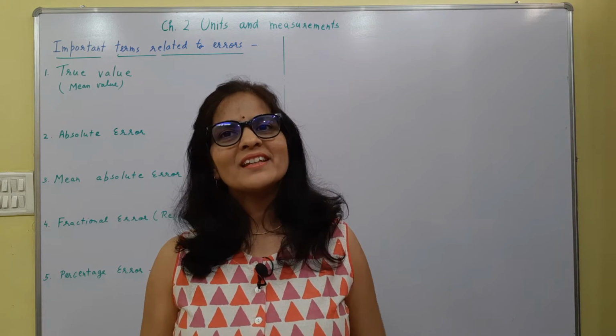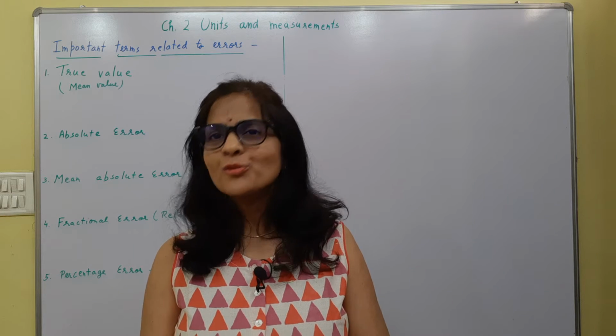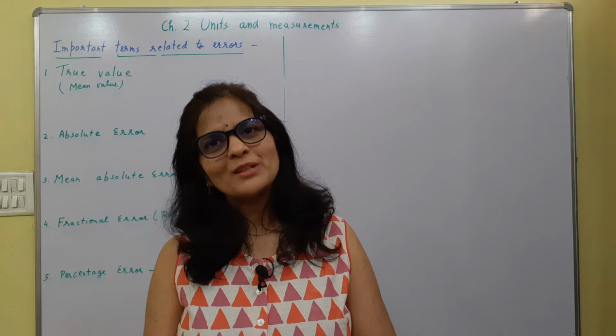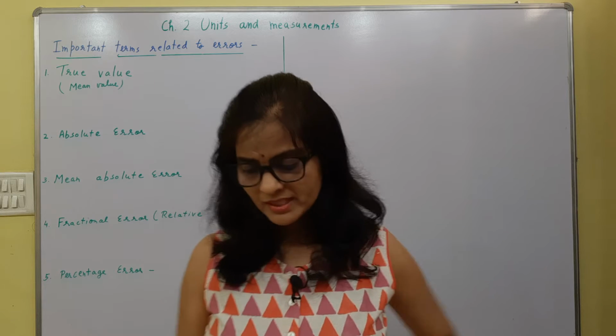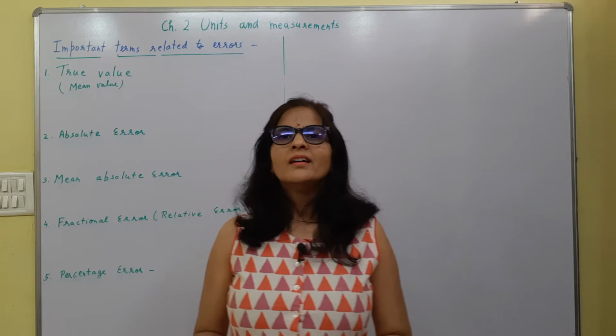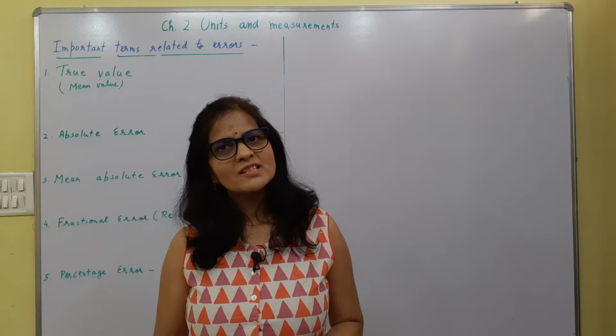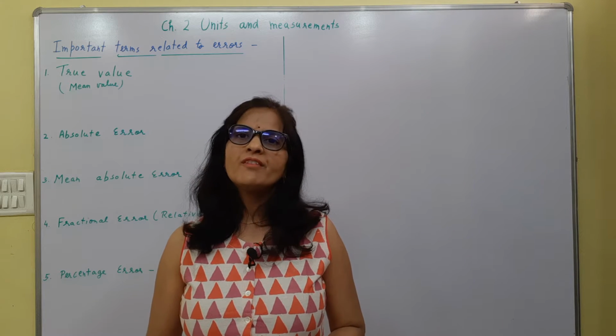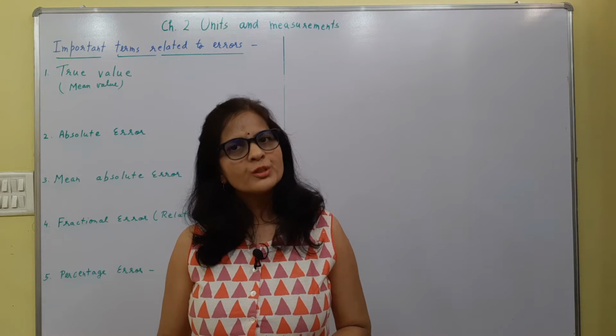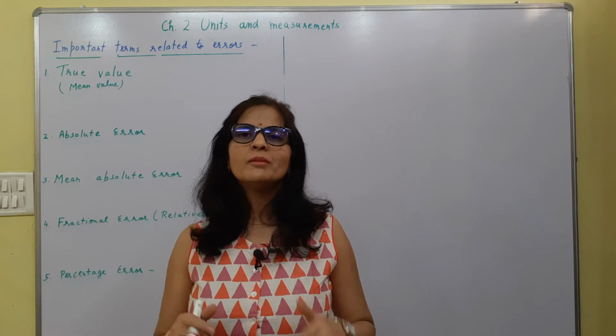So the very first thing is, what do we mean by the true value or the actual value? When we take measurements in the lab, those measured values may have some error, as we discussed in the previous video. So in order to have an idea about the true value, we take the mean of the measured values.